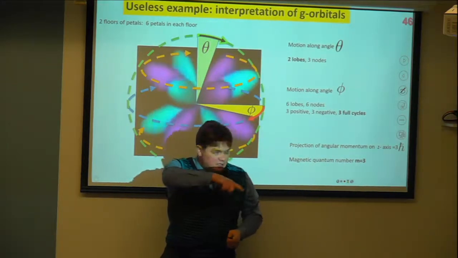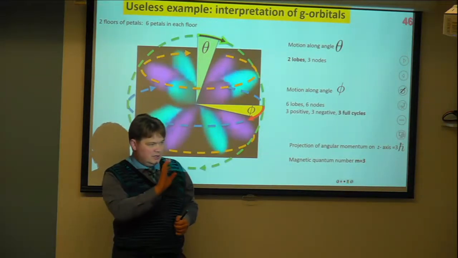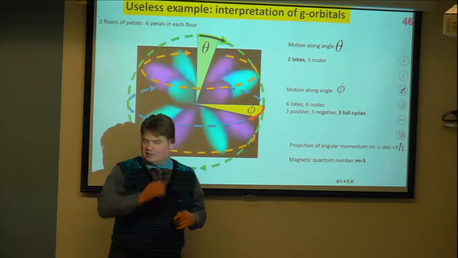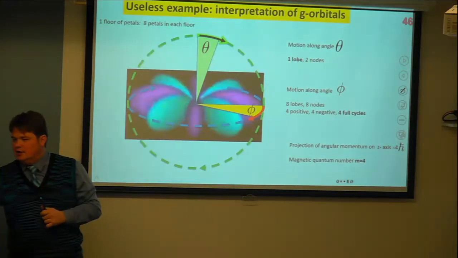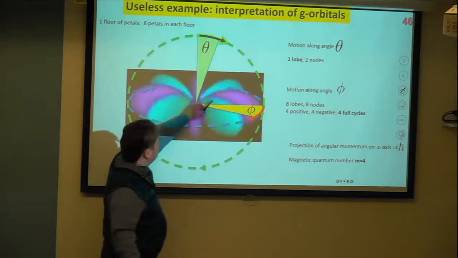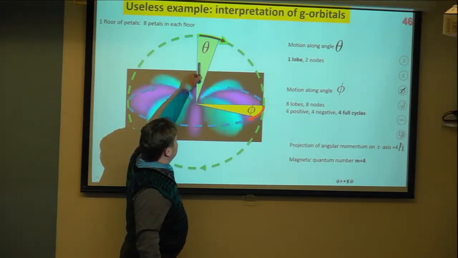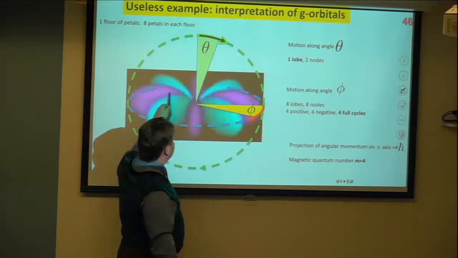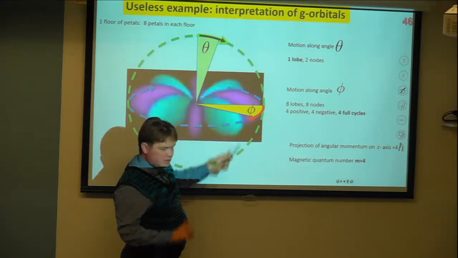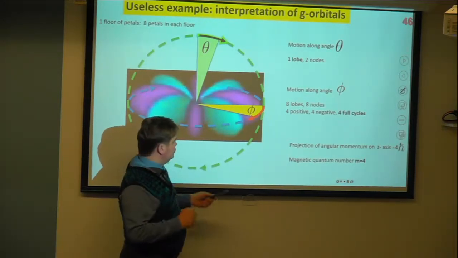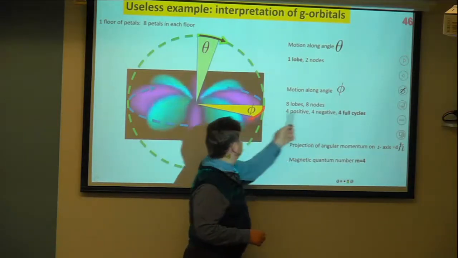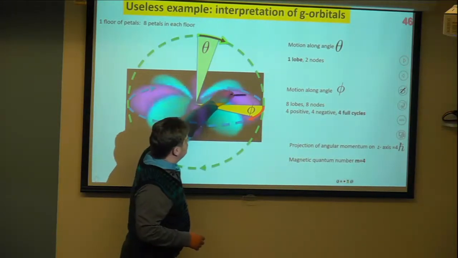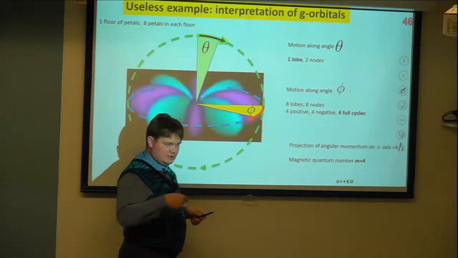More motion along xy around z direction, less motion in x and y. And here there is no motion around theta direction, but a lot of motion around z in xy plane. So 4 full cycles. This one means all angular momentum is going for this 2-dimensional motion.